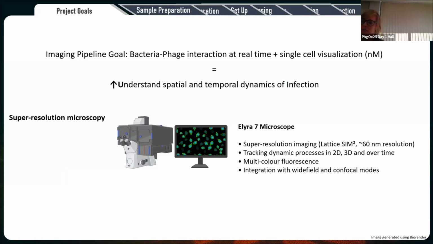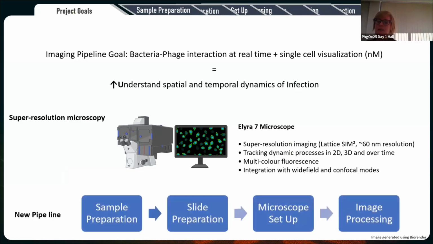It's super resolution, meaning it has SIM2 capability down to about 60 nanometer resolution. It also has dynamic tracking processes in both 2D and 3D over a long period of time. We can look at multiple fluorescence colors, and it's integrated with many other features.